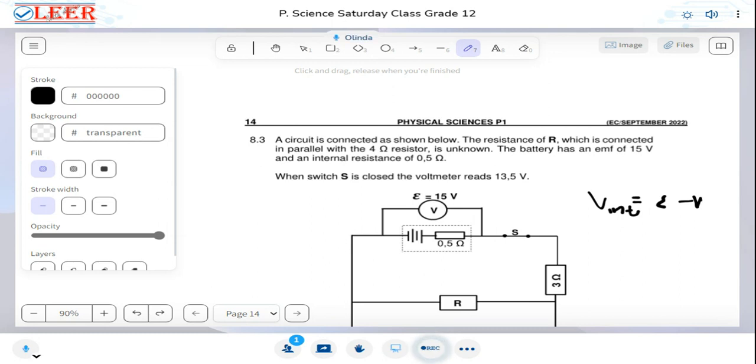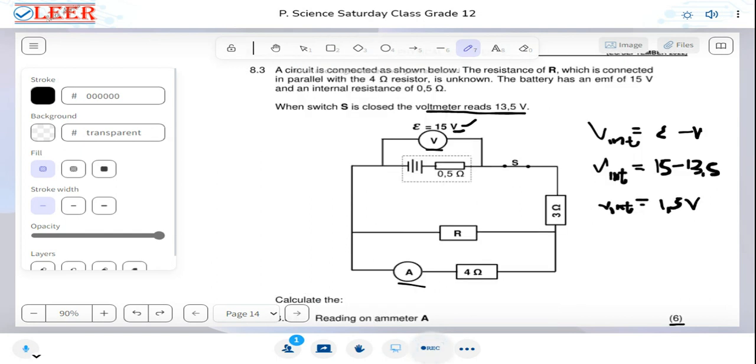So we're gonna first calculate our V internal. So we have 15 given, minus the voltmeter reading, which is 13.5 when it's closed. So then V internal is equals to 1.5 volts.